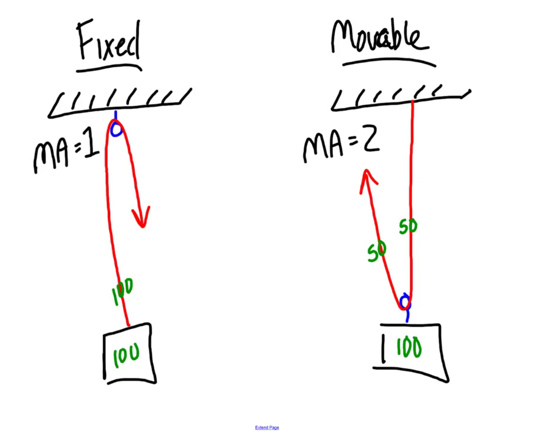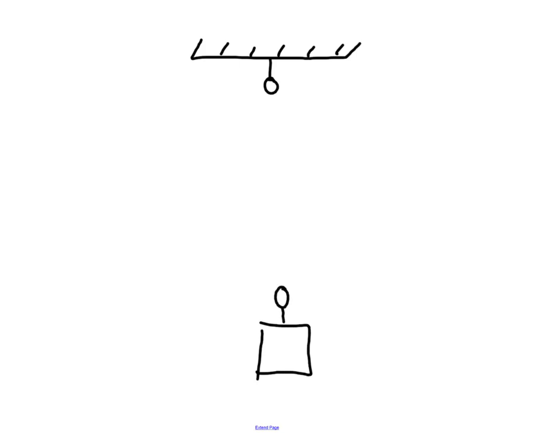So what happens if we use these things in combination with each other? So let's check this out. So fixed, box, movable, down, and around.